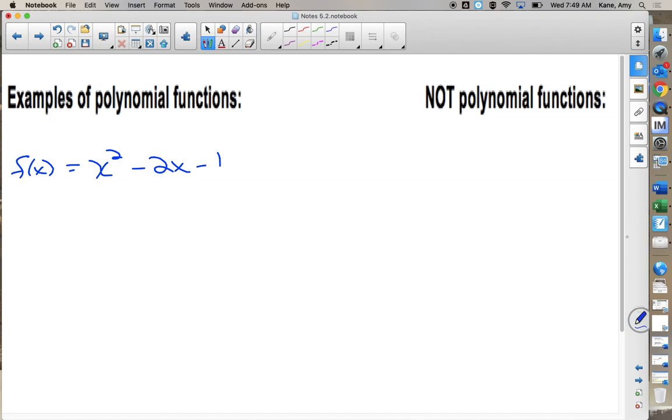How about another example of a polynomial, Chris? So you can think of anything, as long as the powers are whole numbers and positive, they descend in order, it's a polynomial.